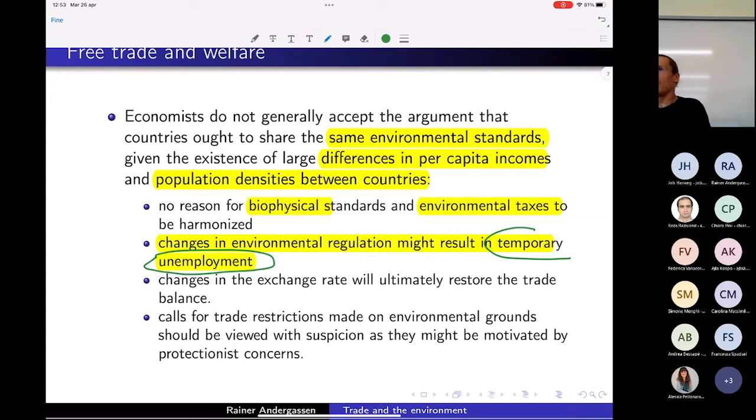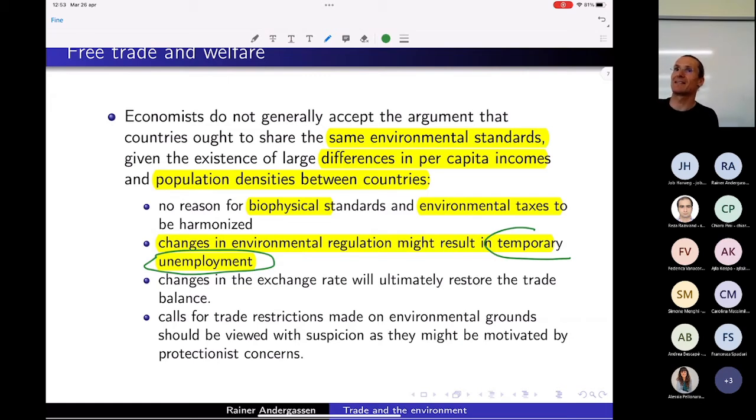But if you see this over a longer time span, since these industries are no longer in the EU, younger individuals will not specialize in tasks required by these industries, and that's why you won't have unemployment in this case, because they will specialize in other things.